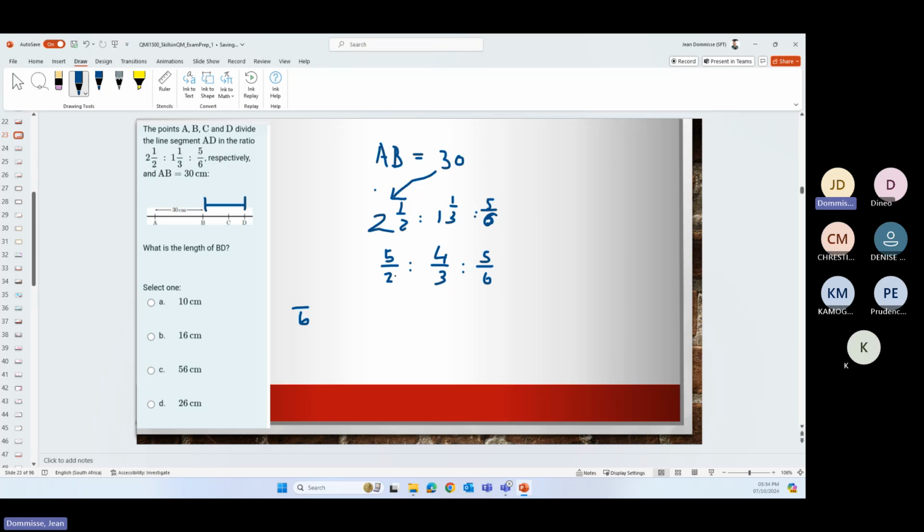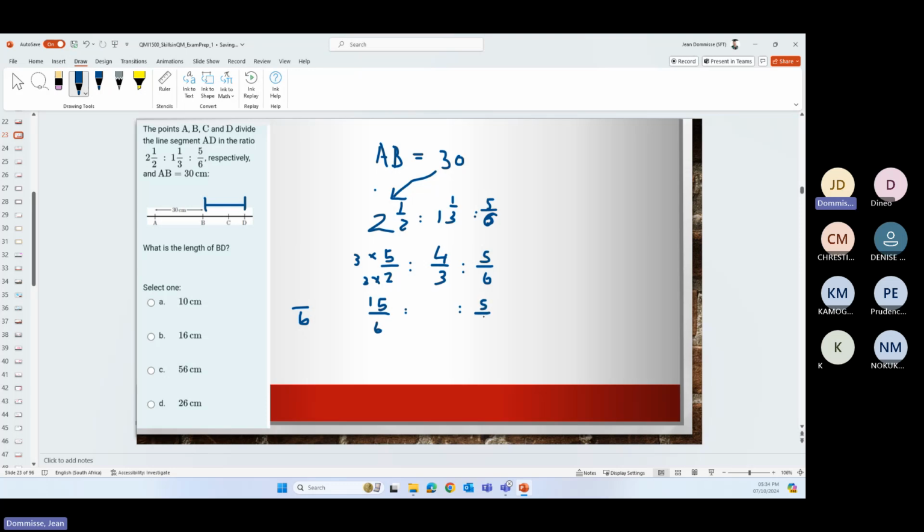Okay, so if we want to put 5/2 on 6, I need to multiply at the bottom by 3. But what I do at the bottom, I do at the top. The 5/2 will be 15/6. So that at least is now the same.